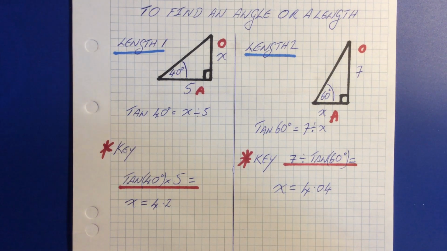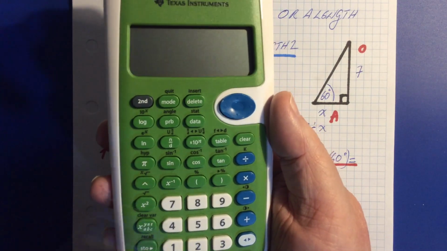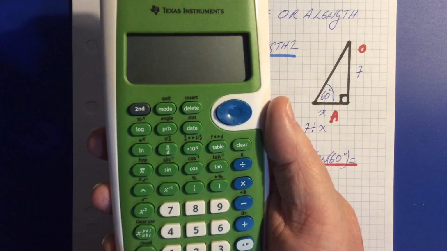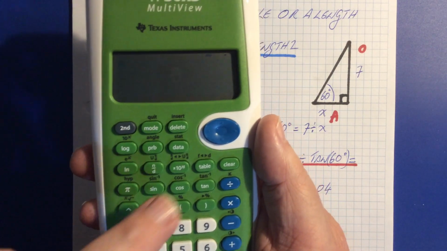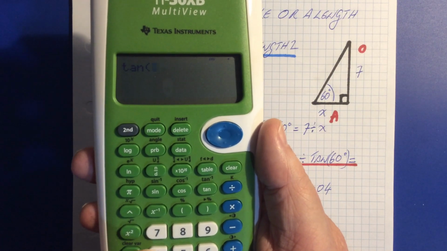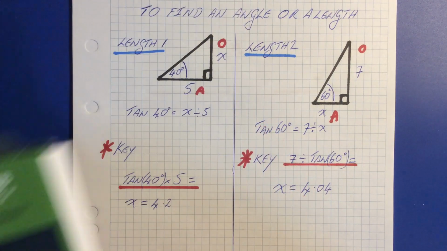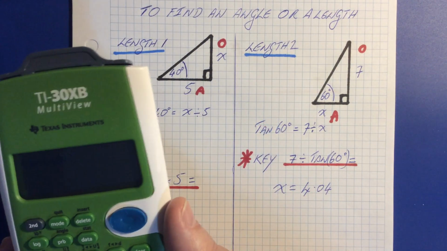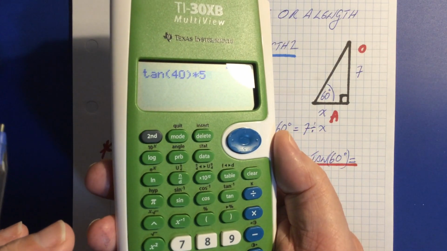when you are looking at this scenario, is tangent 40 degrees, you push the tan button on this. So if I do that, we'll just clear that, tan, and you insert the 40 there. I like to close the brackets, multiplied by 5 in this case, so you can see that, hopefully.